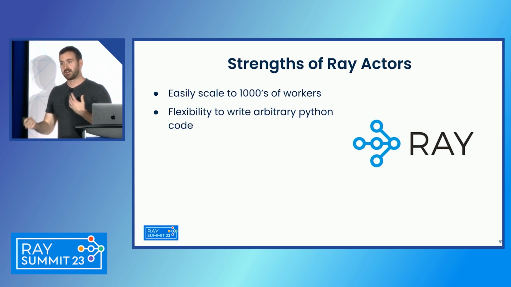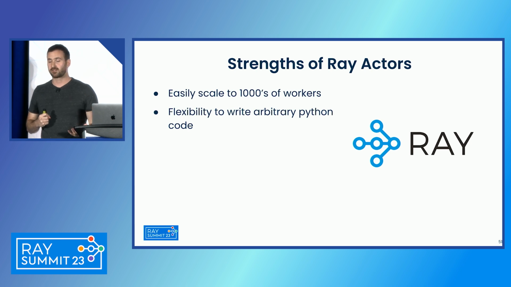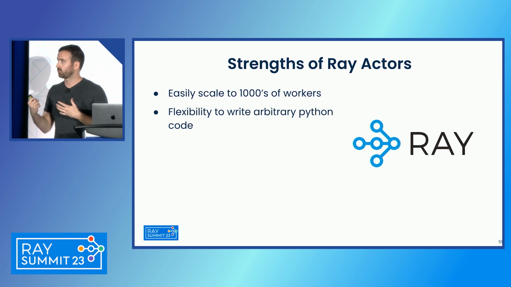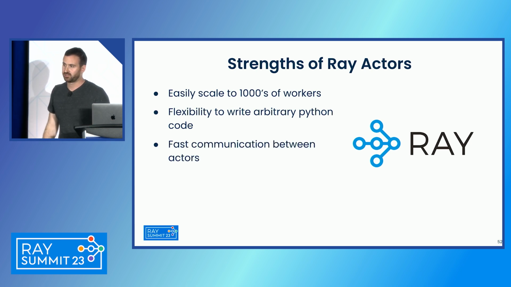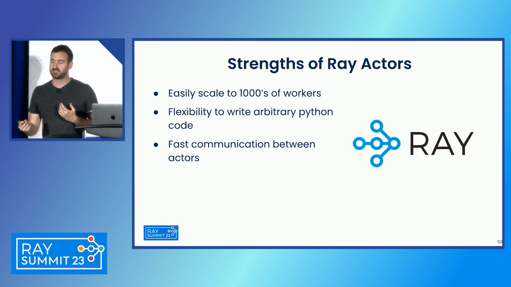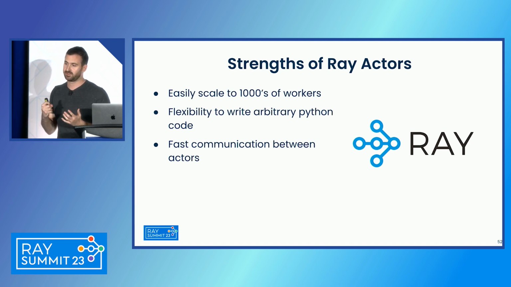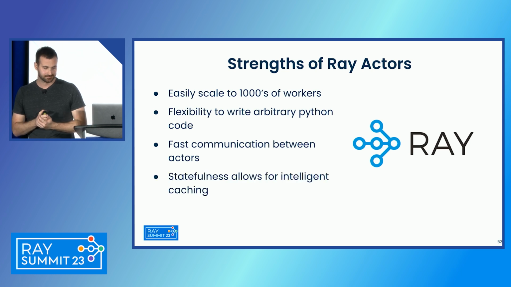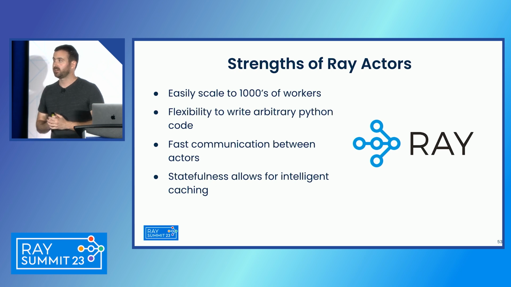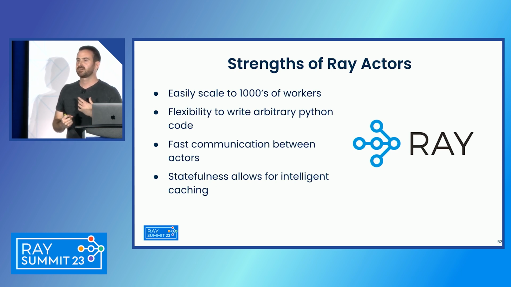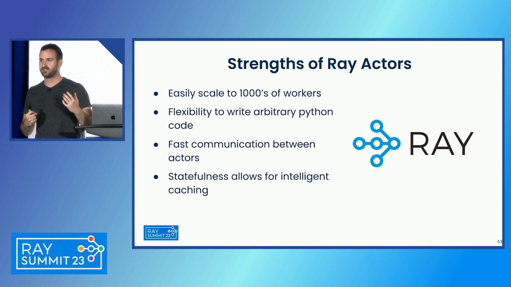They're also very flexible, since they're basically like writing a normal Python class, so you can write arbitrary Python code and run whatever types of models you want in them. They also can communicate fast with each other, which is really important for the different interdependencies we have. And then, in addition, since they're stateful, you can intelligently cache certain types of data in these actors that are relevant for your workflow.